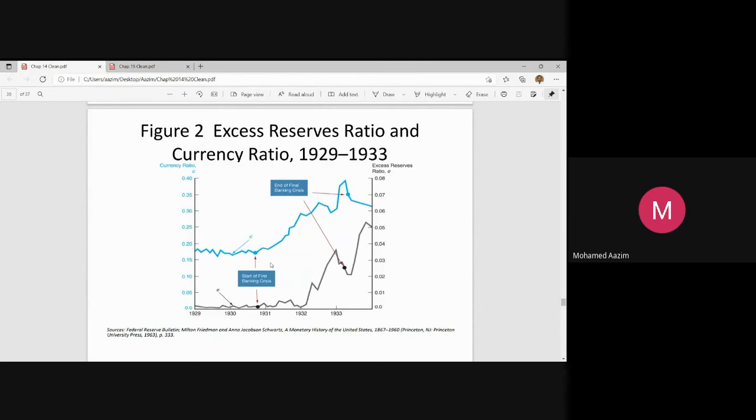But this small c, see here, with the Great Depression crisis increasing, almost hit 40%. 40% of deposits were held in currency form by 1933.